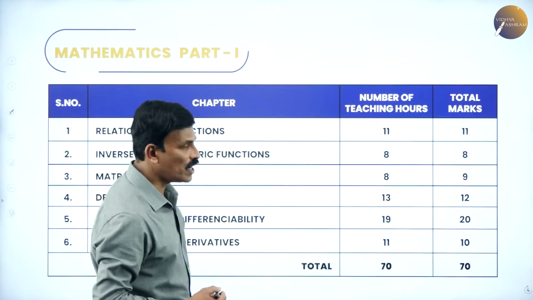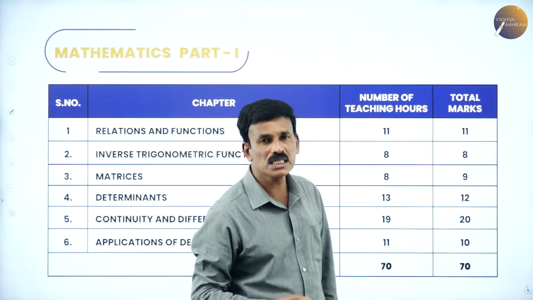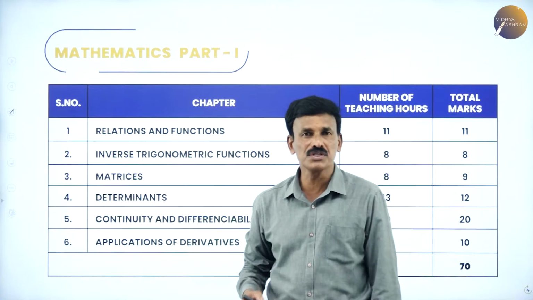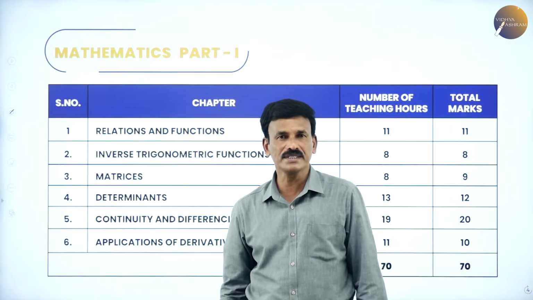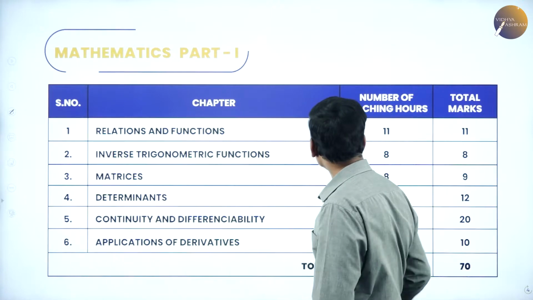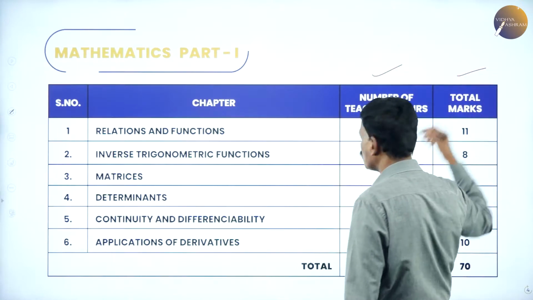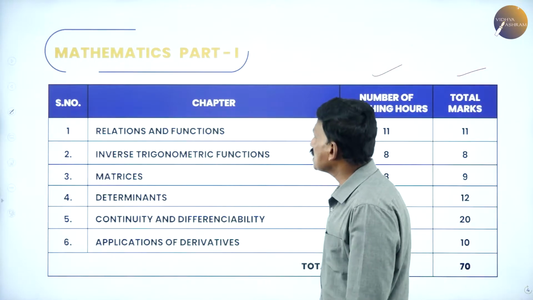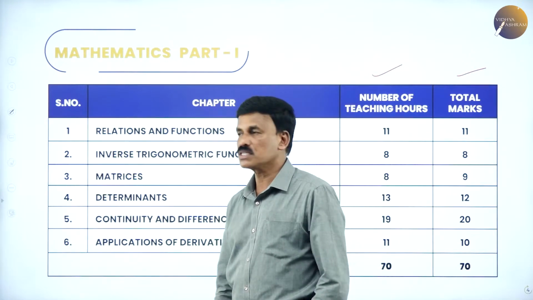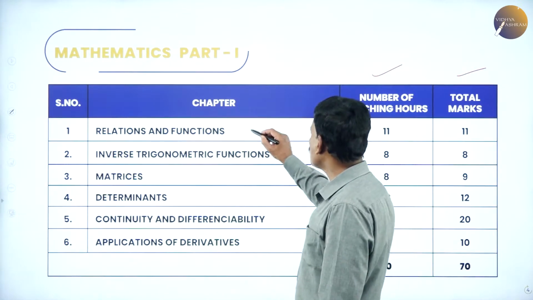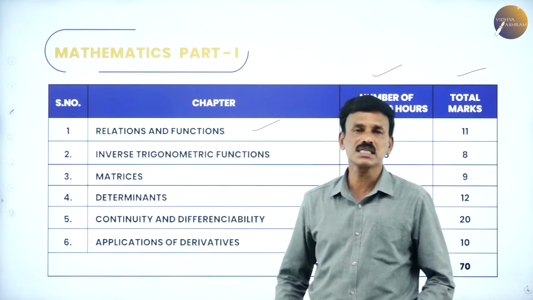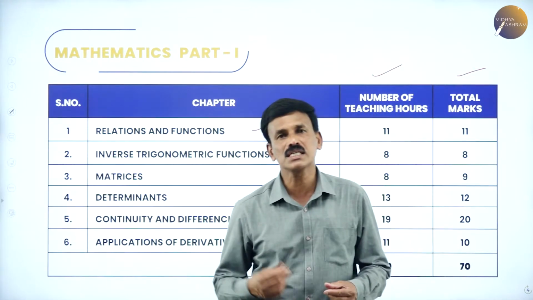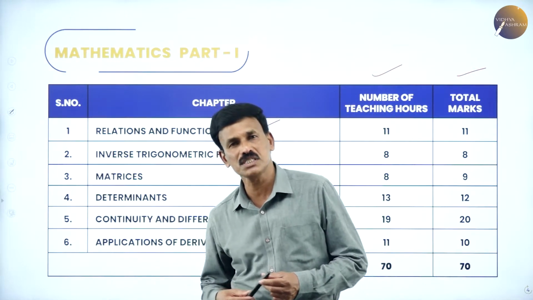Now, in part 1, that is volume 1, let me discuss in detail what chapters we are going to study, the total number of teaching hours, and the total number of marks each chapter fetches. In part 1, the first chapter is relations and functions. You might have studied this in your first PUC itself.